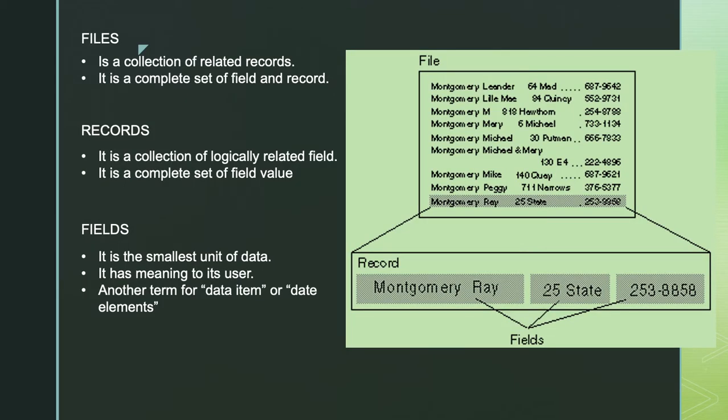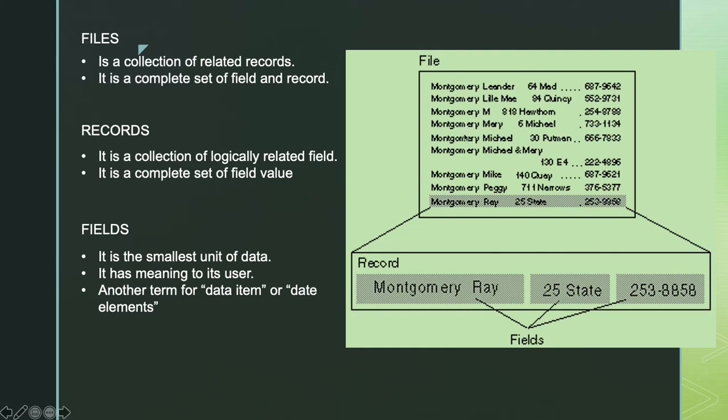Okay? So, in serving one or more applications. Okay? Next is, what is file? Yung file, it is a collection of related records. So, for example, kung nakikita nyo dun sa figure, yung file, collection of related records.